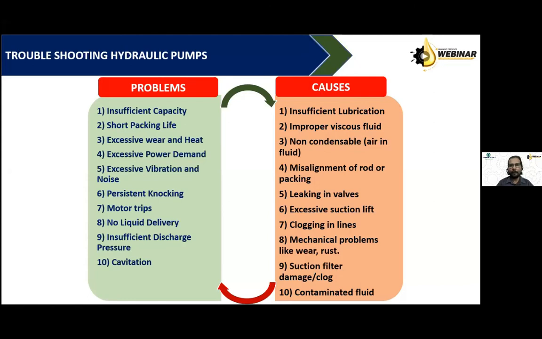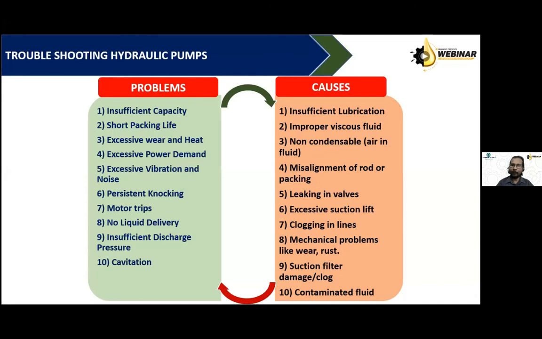If PRV is malfunctioning, the cause will again be contamination. If FCV got worn out, the cause will be contamination. Everywhere you can see contamination is playing the role.